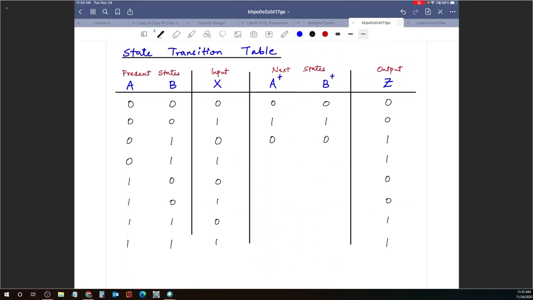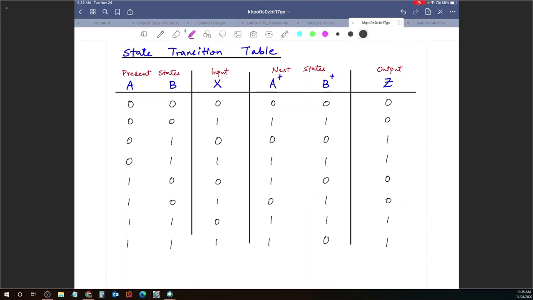Let's see, I got 0, 0, then 1, 1, then 1, 0, and then 0, 1, and then 1, 1, and then 1, 0. So I've essentially used the logic expressions derived earlier to fill these 3. The next thing on my list is to define the states.